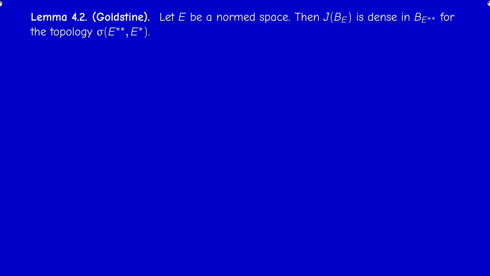We have the operator norm topology, we have the weak topology, sigma of E double star, E triple star, and we have the weak star topology, which is sigma of E double star, E star. So we have density here for the smallest one, which is the weak star topology.